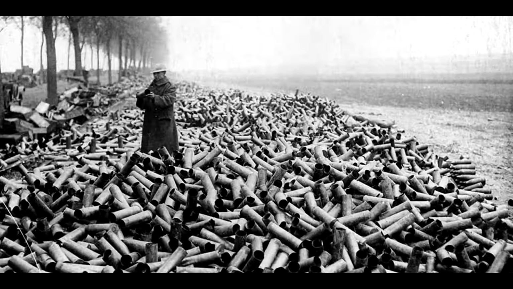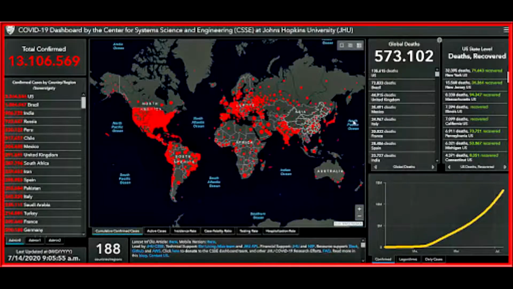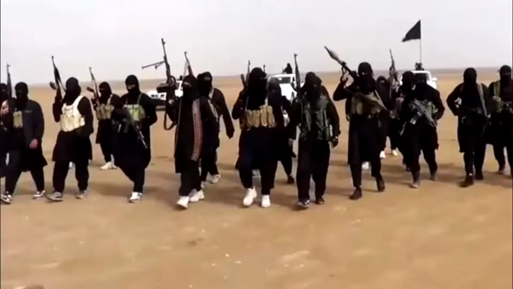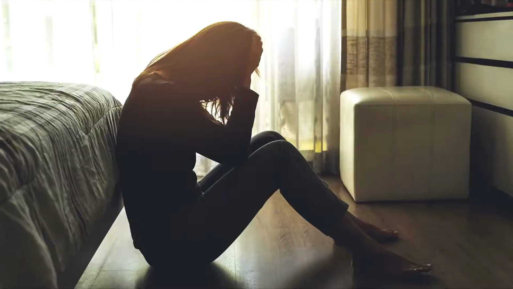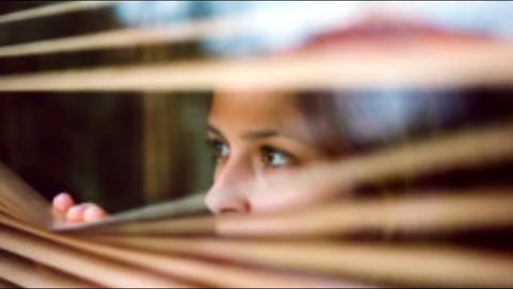And once in a while, when the prisons are getting overcrowded, a war is organized, or a virus is released, or some terrorists are attacking the population. All of this, of course, to keep people in fear and to prevent them from thinking and realizing they are not on a little blue ball.